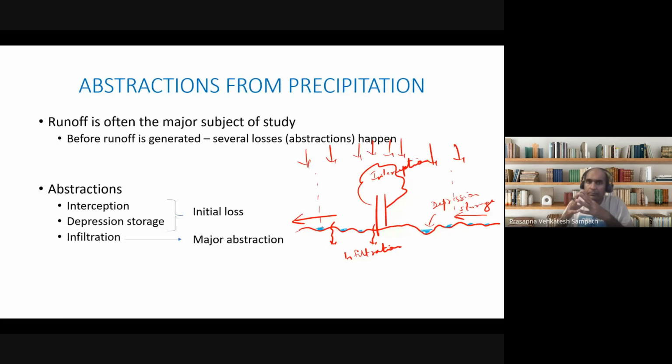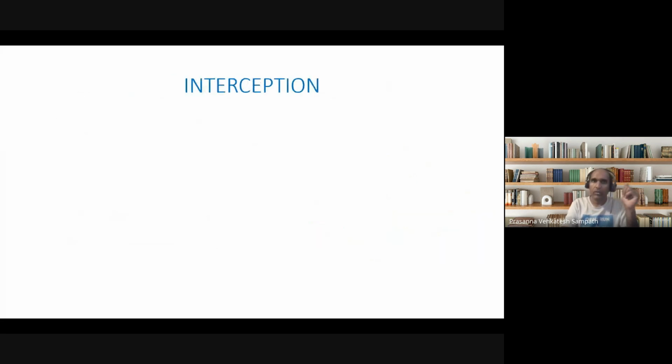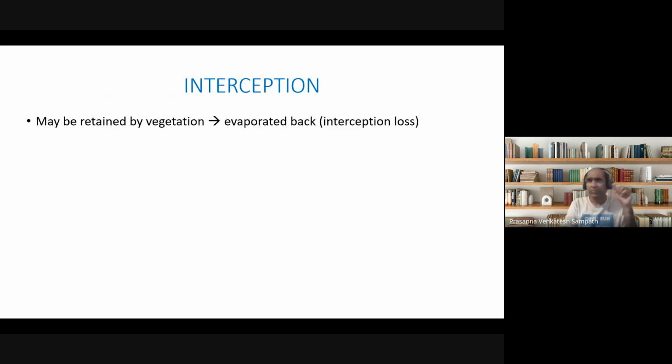Okay, all right. So now let's try to understand each of these terms one by one. Interception is the first one that we're going to look at. So what happens to interception? The water that gets retained by the vegetation may just evaporate back into the atmosphere, right? Let me exaggerate and draw a leaf.